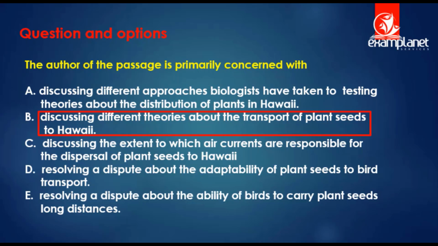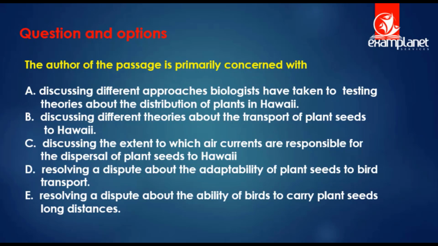B, discussing different theories about the transport of plant seed to wuse. C, discussing the extent to which air currents are responsible for dispersal of plant seeds to wuse. D, resolving a dispute about the adaptability of plant seed to bird transport. E, resolving a dispute about the ability of birds to carry plant seed long distances.